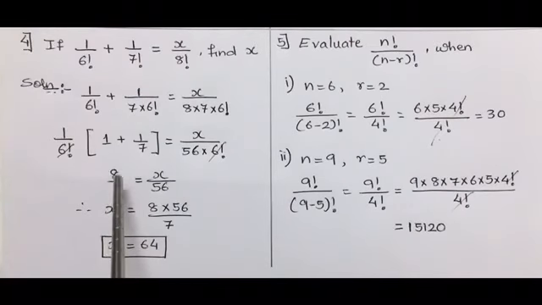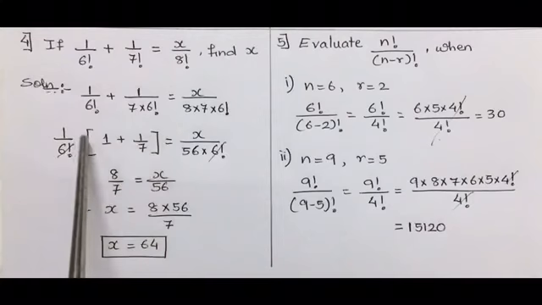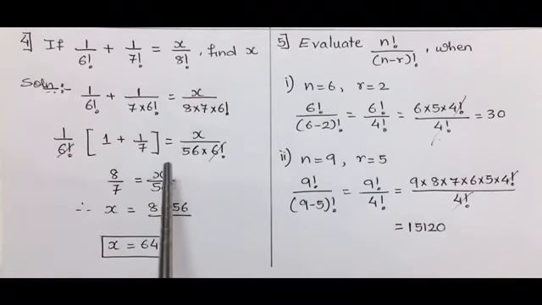Taking LCM, in the bracket we get 8 by 7 equal to x upon 56. Going for cross multiplication, the calculation gives the value of x as 64. So this is how the value of x is calculated, by expressing the factorial notations in the reducing form.